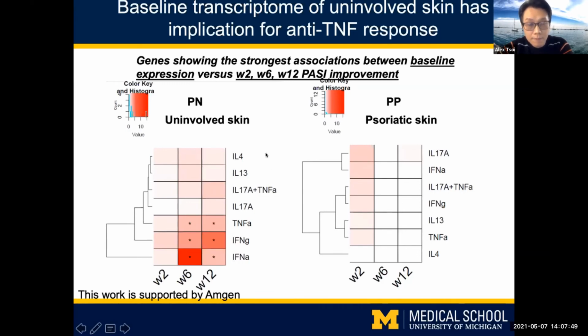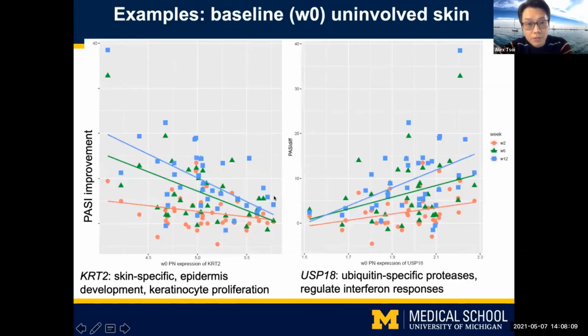Indeed, we find that the uninvolved skin, but not the lesional skin, has baseline expression levels that are predictive of future PASI changes that are enriched among the interferon or the TNF signatures. So we use these as informative features. These are just two example genes. The x-axis represents the baseline expression level for that gene.